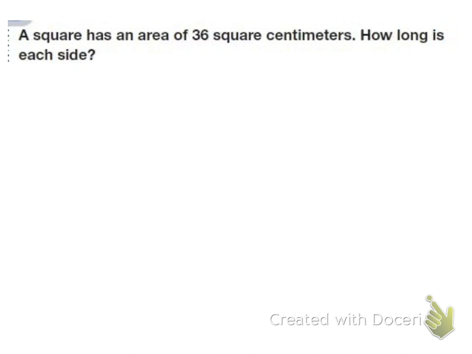Okay. All right. So this next part is talking about square root. If I know the area of a square, then I can find the length of each side. So let's say that a square has an area of 36 centimeters. How long is each side? Well, I know that area equals length times width.